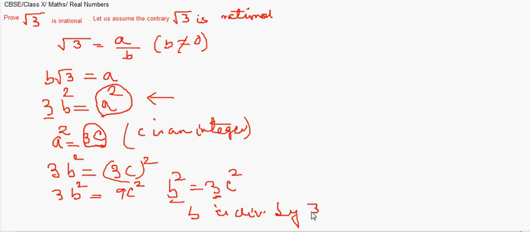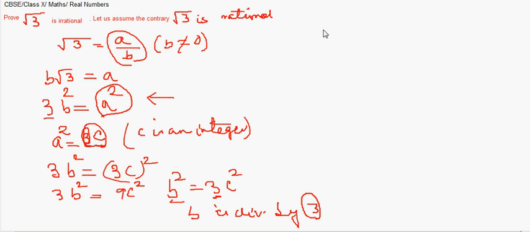So we here proved that a is divisible by 3, and we here also proved that b is divisible by 3. See, a and b both are divisible by 3. That is contrary to what we assumed, that a and b are co-prime, so they don't have anything other than 1 as their common factor.